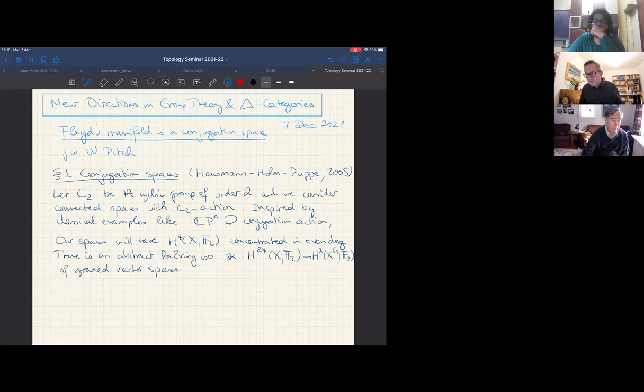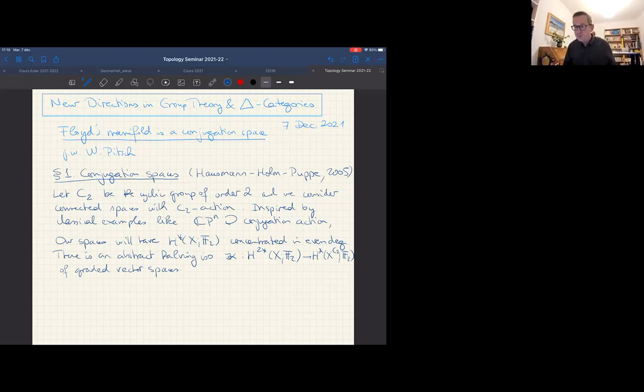So this alone is not enough to ensure nice behavior of such spaces under various constructions or anything. So we need something more to have a closer relationship between those fixed points, which for CPN look like RPN, real projective spaces. And the way they did it is the following. It's through the Borel construction.